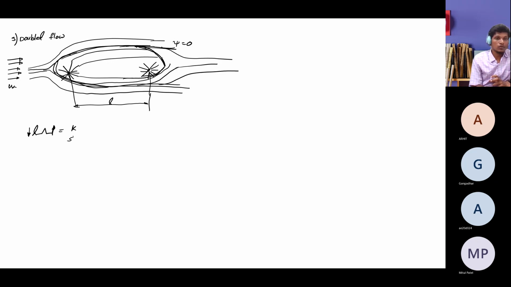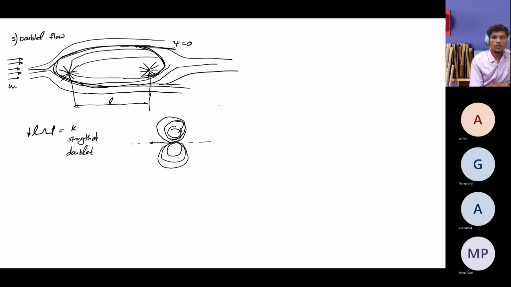That will give you the strength of the doublet. How does the doublet look? It looks like this. The vector will point in this direction. All these circles will merge at this point.